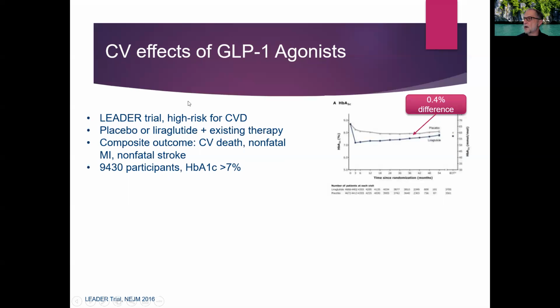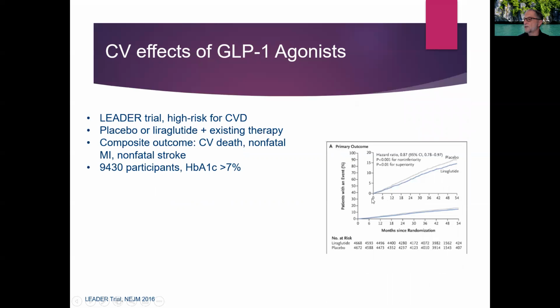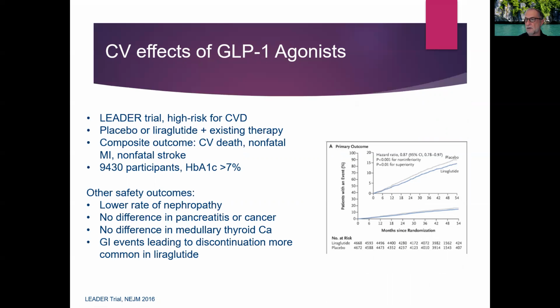What they found was, by A1C, about a 0.4% difference over time, substantial body weight loss of about 10 to 15 kilos in these patients on liraglutide, but most importantly, a reduction in composite cardiovascular outcome with a hazard ratio of 0.87 over time. So a benefit in prevention of cardiovascular outcomes.